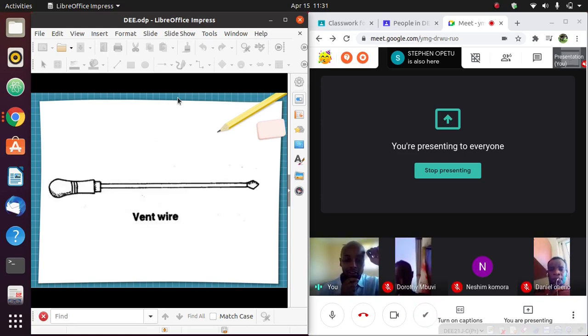Now, something that they did not show in those videos is venting. To make vents, you use something known as a vent wire. A vent wire is very important because you need to provide a passage for the escape of the hot gases from the molten metal. You must provide a way for those gases to escape from that mold. Because if you don't do that, those gases will expand in the mold.